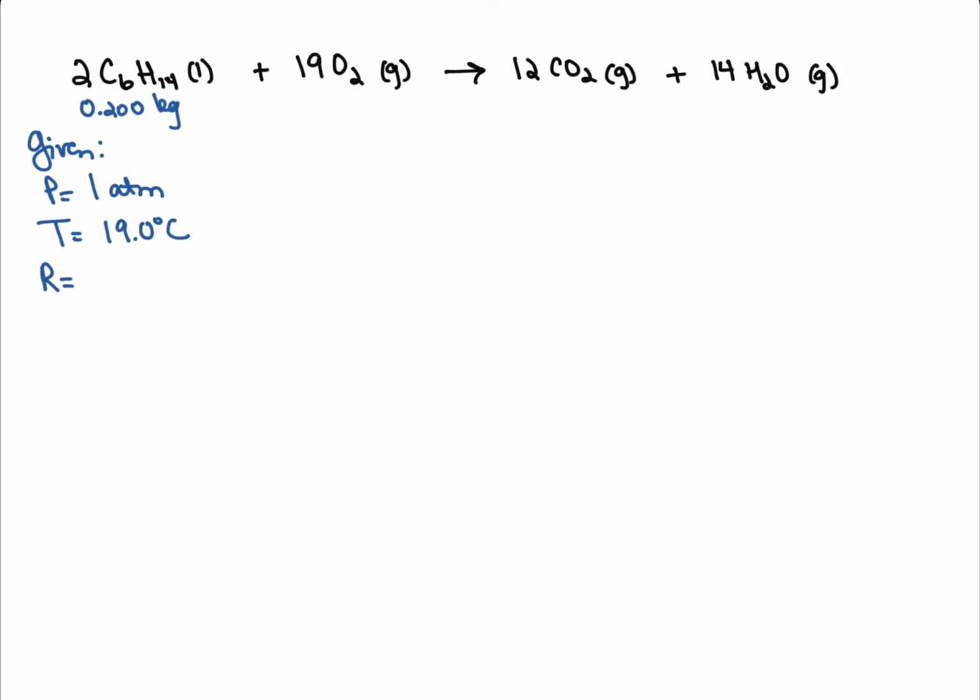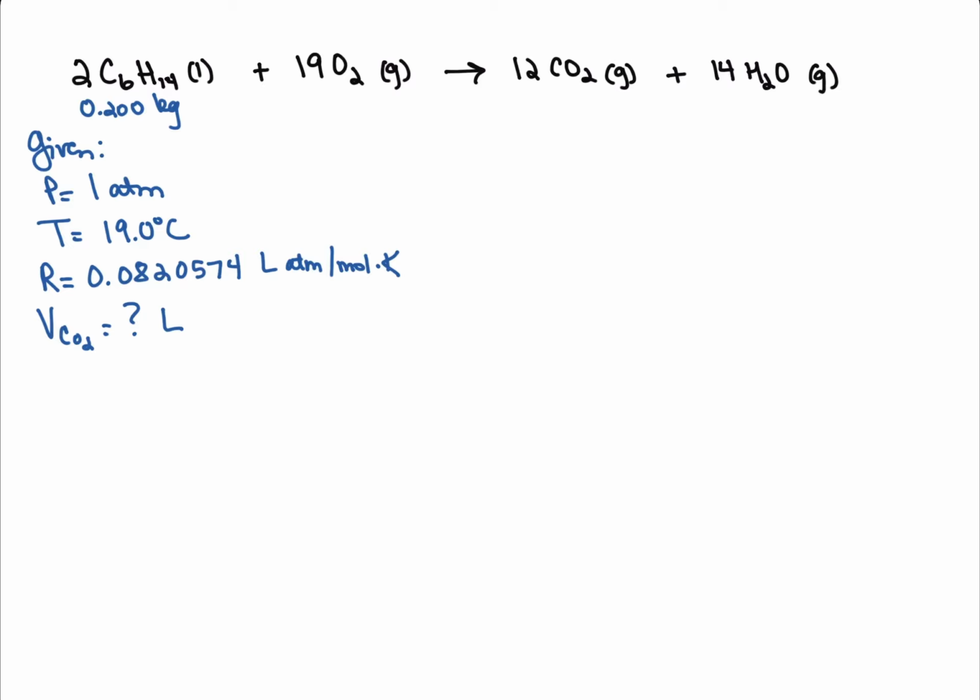I can go ahead and record my R. I'm using the table from ALEKS. And they're asking me for the volume of carbon dioxide. So I want to make sure I remember that they're asking for the volume of carbon dioxide.